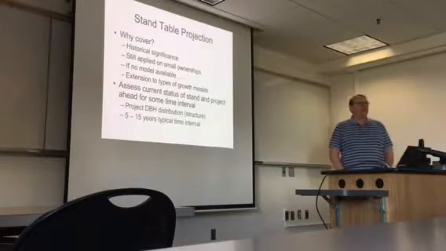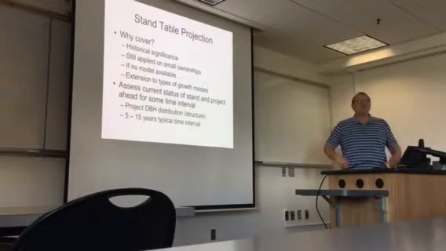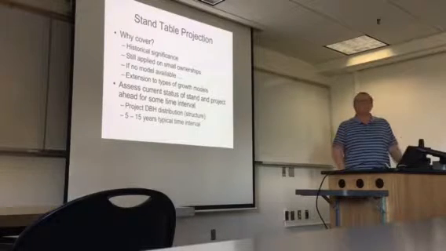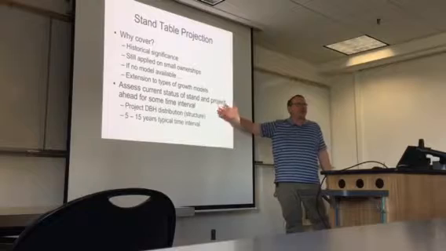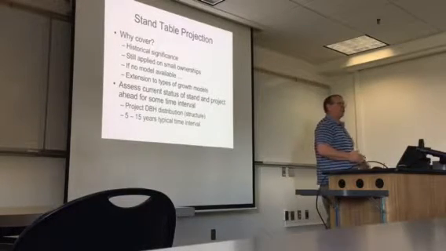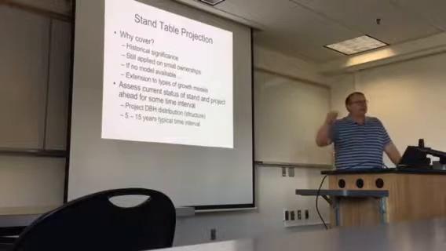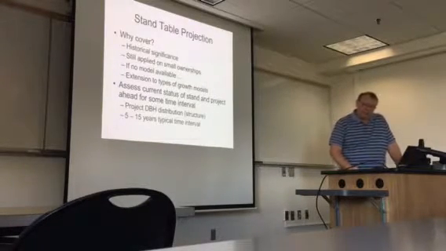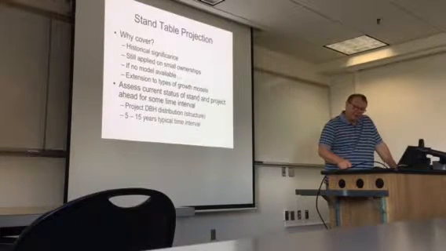It gets a little bit iffy if we try to go beyond 10, really. So these are short-term projections. We're going to start with an assessment of the status of the stand, characterize its DBH distribution, and then project that DBH distribution ahead through time, using growth data collected from that stand.